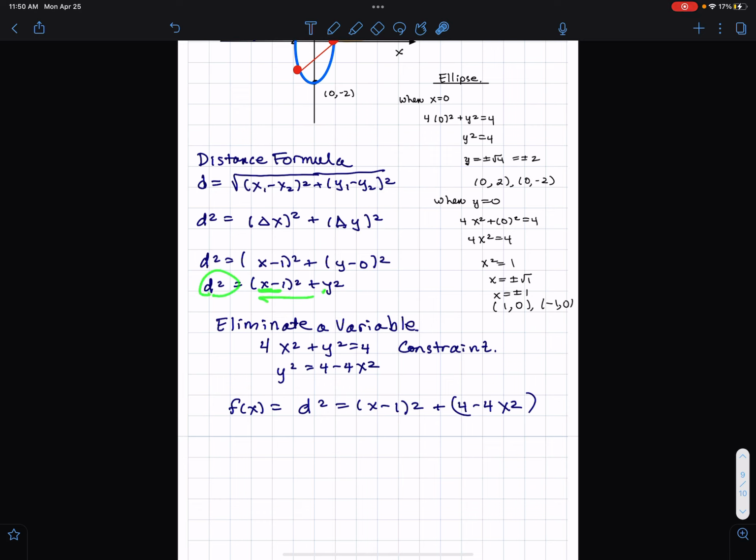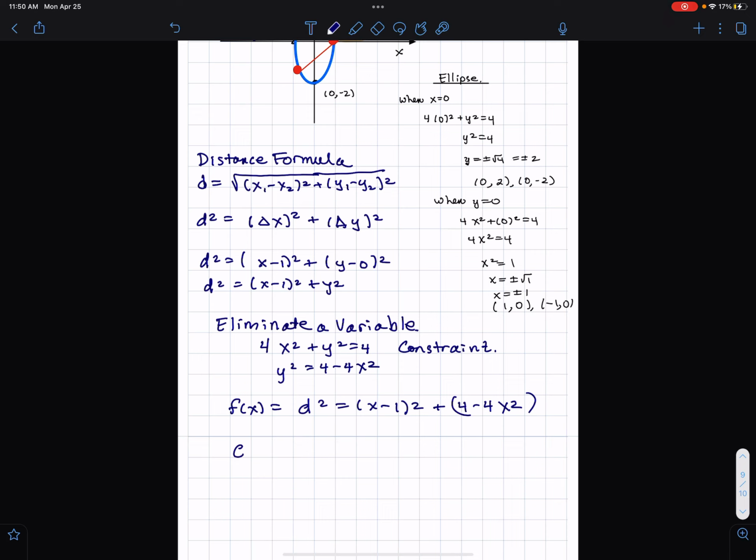That's the same (x, y) that makes d a minimum value. But since I've eliminated y squared, I now am finding just the x that makes d squared a minimum value. Since this is a quadratic and it's facing up, it has a minimum at the vertex. So you can just find the first coordinate of the vertex. That'll give you your minimum.